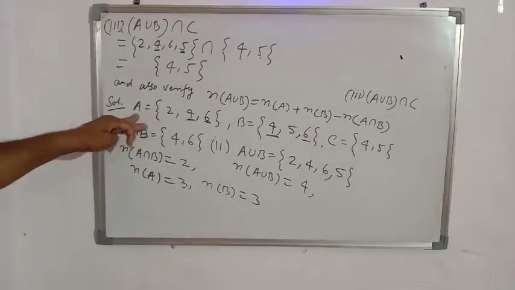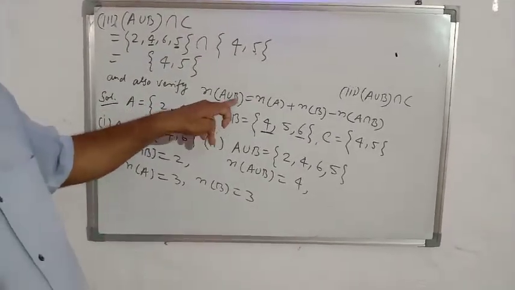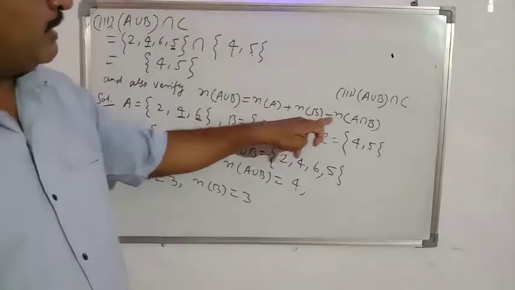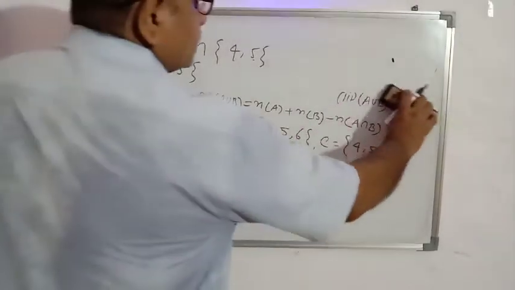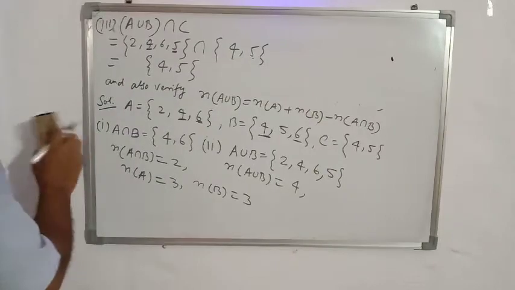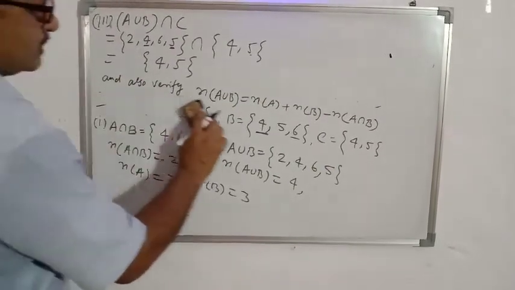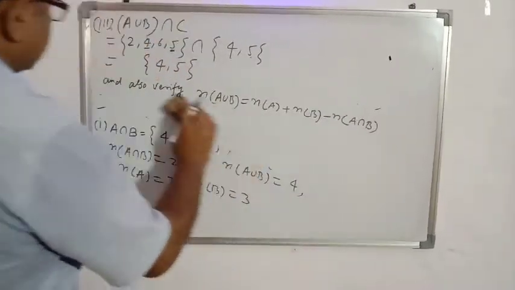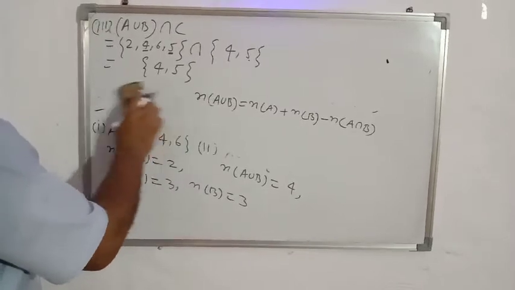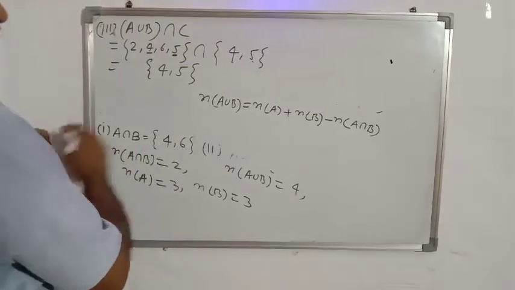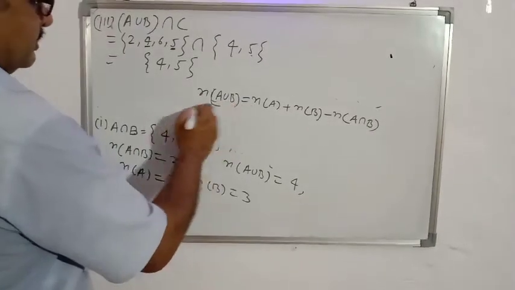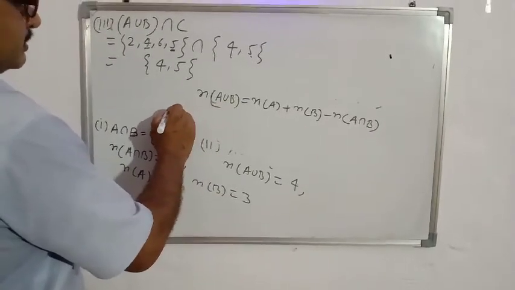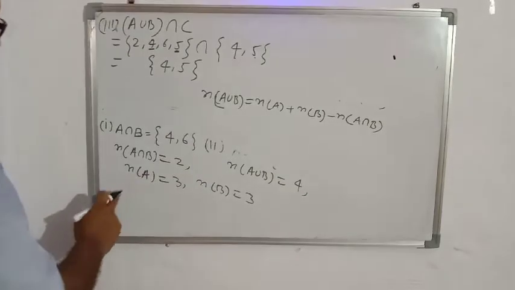Now we have to verify this result. N of A union B is equal to N A plus N B minus N of A intersection B. So we have to verify this one. What is N of A union B?